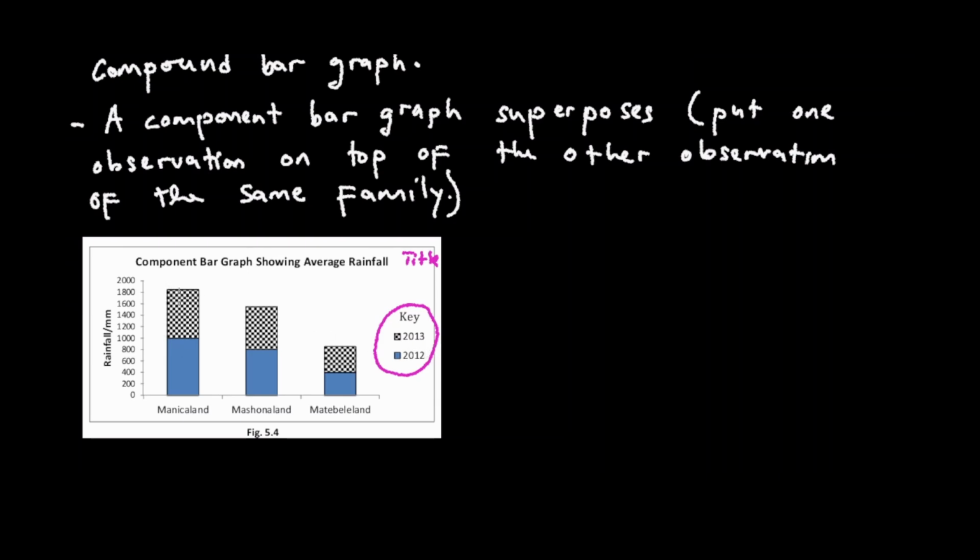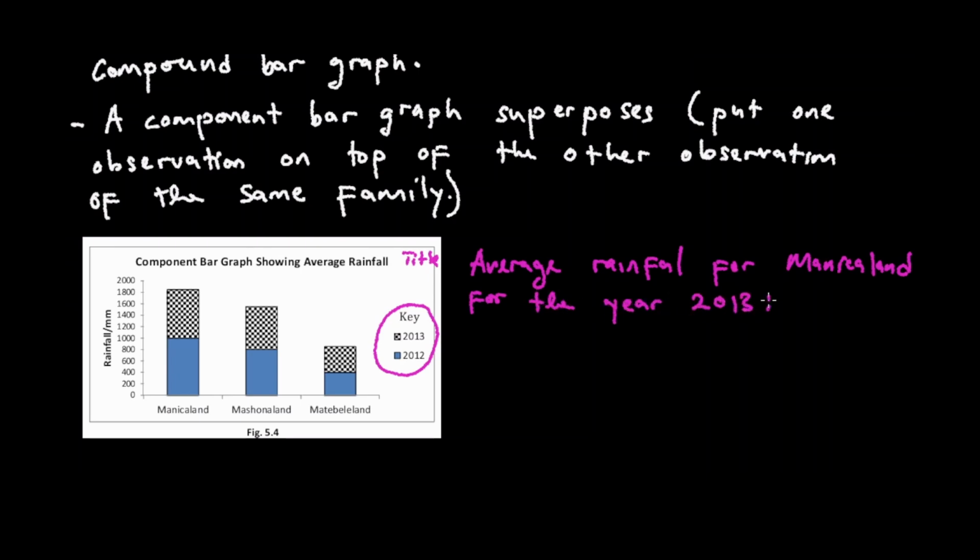So if we want to know the difference between 2013 and 2012, before we even think of the difference, if we want to know the average rainfall for Manicaland for the year 2013, how do we do it?